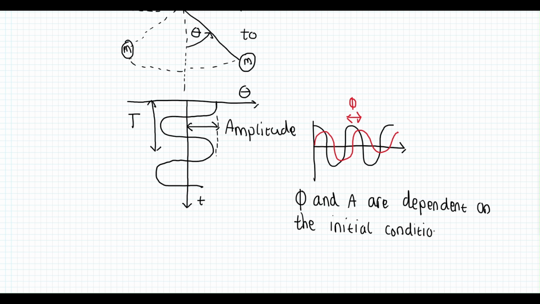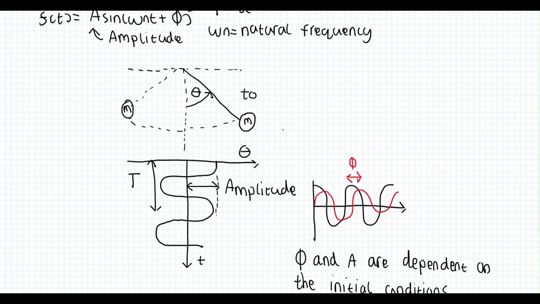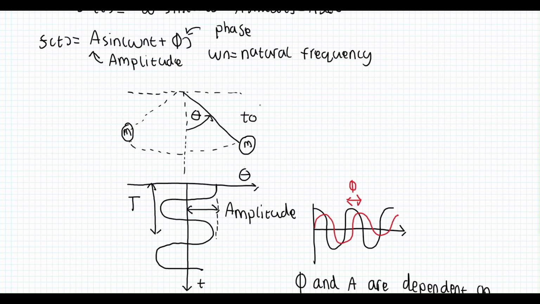For a second order differential equation, two initial conditions are required to solve for the response of the system. We'll call those initial conditions theta naught for the initial angular position of the pendulum and omega naught for the initial angular velocity of the pendulum.